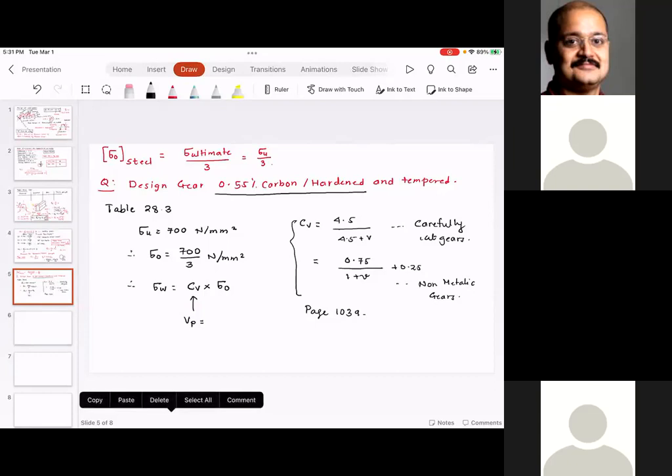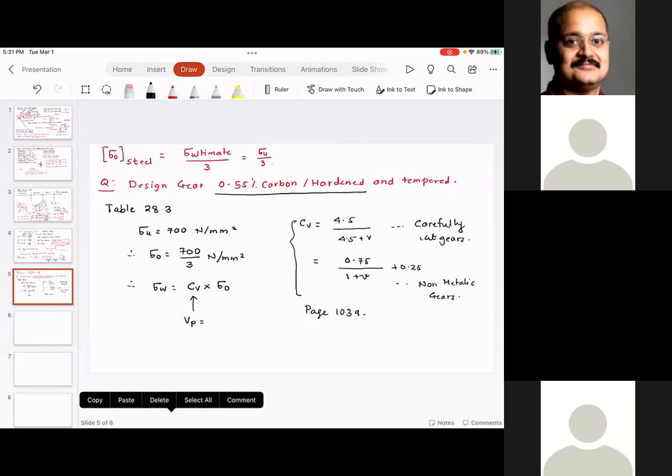So what we do is, we actually go with the first level of approximation. We use the beam strength equation. Remember the beam strength equation, WT is equal to sigma W multiplied by B multiplied by pi times M multiplied by Y. This is a very simple equation for beam strength.